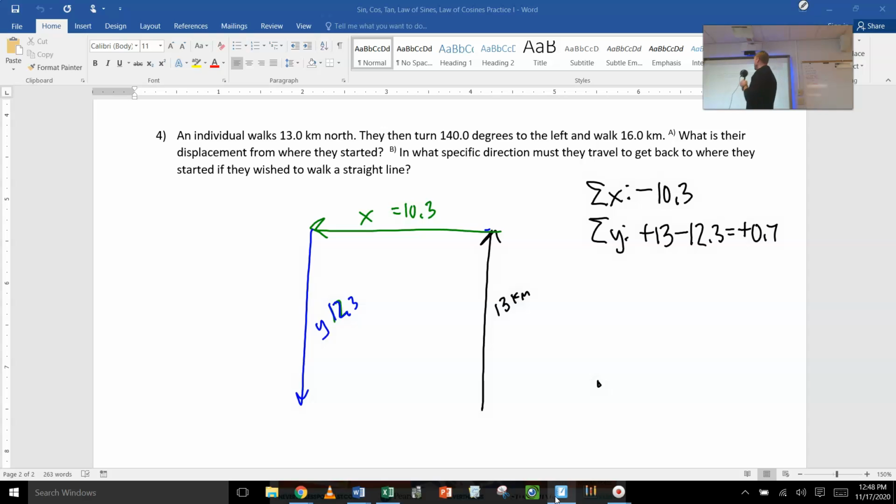So I end up replacing this 13 and this 12.3. In reality, when it's all said and done, I end up going to the left 10.3, and north 0.7.